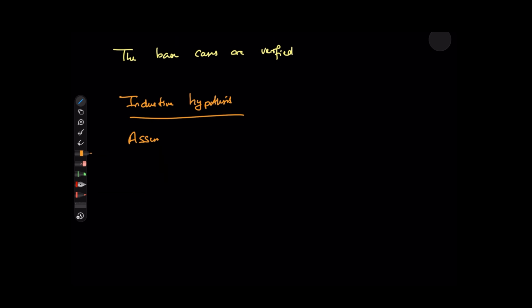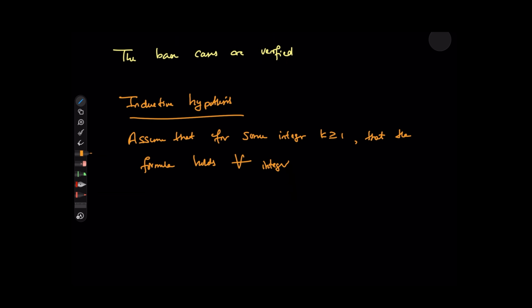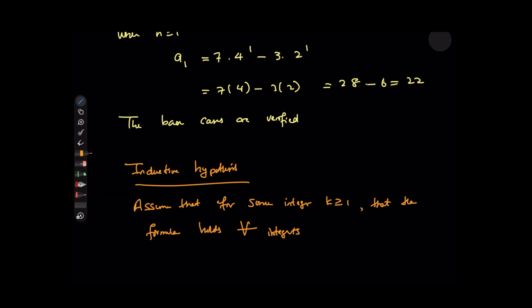So assume again that for some integer k greater than or equal to 1, that the formula from before holds for all integers. Now the integer you're going to choose has to be between 0, because my base case started with 0, and k.